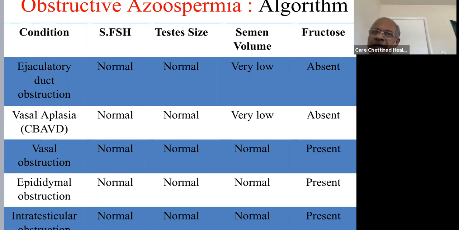The way you differentiate between these two conditions is that clinical examination will show absence of vas in the neck of the scrotum. Beyond that, a man with ejaculatory duct obstruction may give a history of painful sensation on ejaculation, but nothing comes out because he is ejaculating against a closed ejaculatory duct.